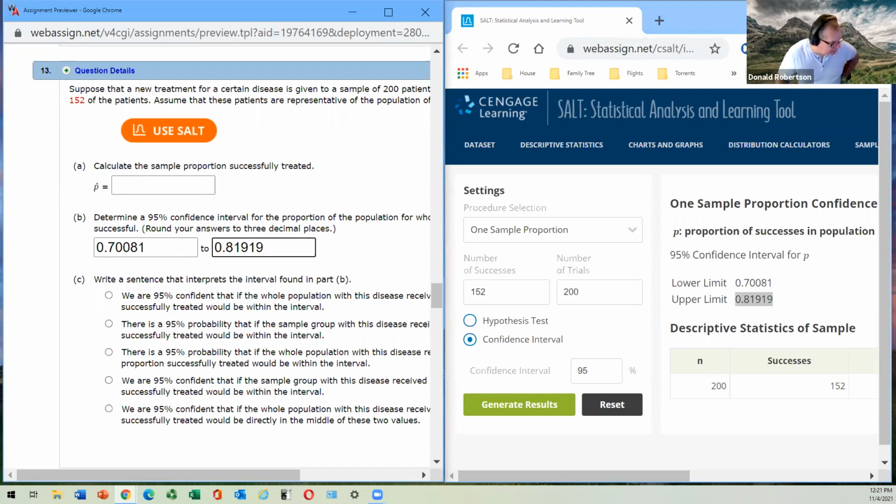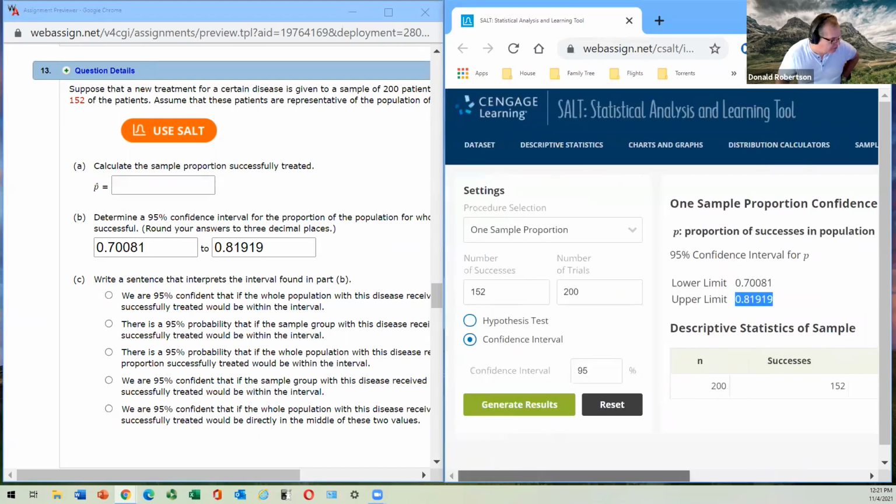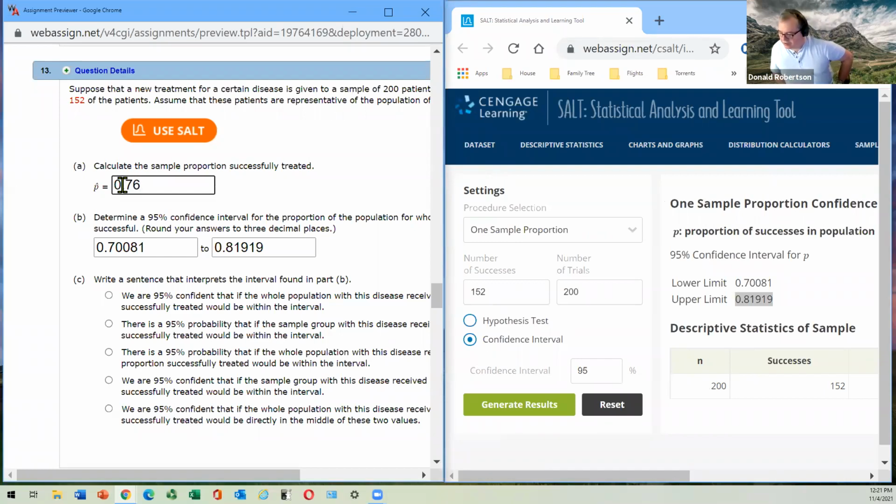And p-hat, if I scroll a little bit, is 0.76. Are you comfortable about how nice SALT is? You type in the stuff and the numbers are there. In this question here, since it's 3 decimal places, this one rounds off to 0.8 becoming 1, and this one, there's a 9, actually stays as a 9. So what's your rounding off? Because WebAssign is kind of pernickety about that.